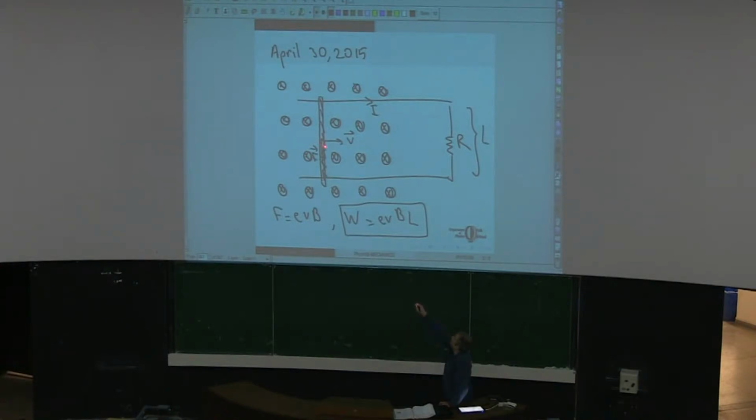Since it is exerting a force, we have to exert some additional force on this rod to keep it moving. So we are basically doing the work, not the magnetic field. The magnetic field just acts as a kind of catalyst, a medium. It allows the conversion of the work that we do into the energy of the electron. It doesn't itself do any work.